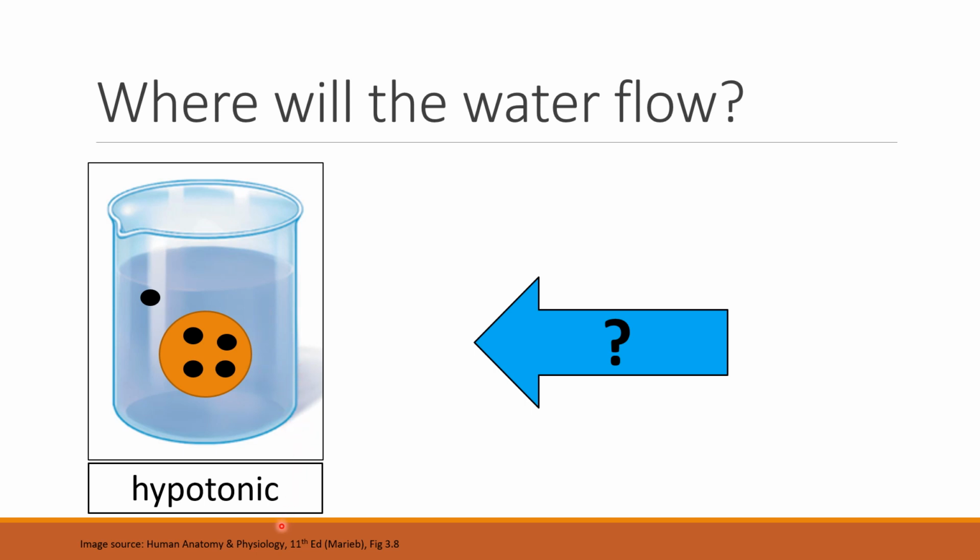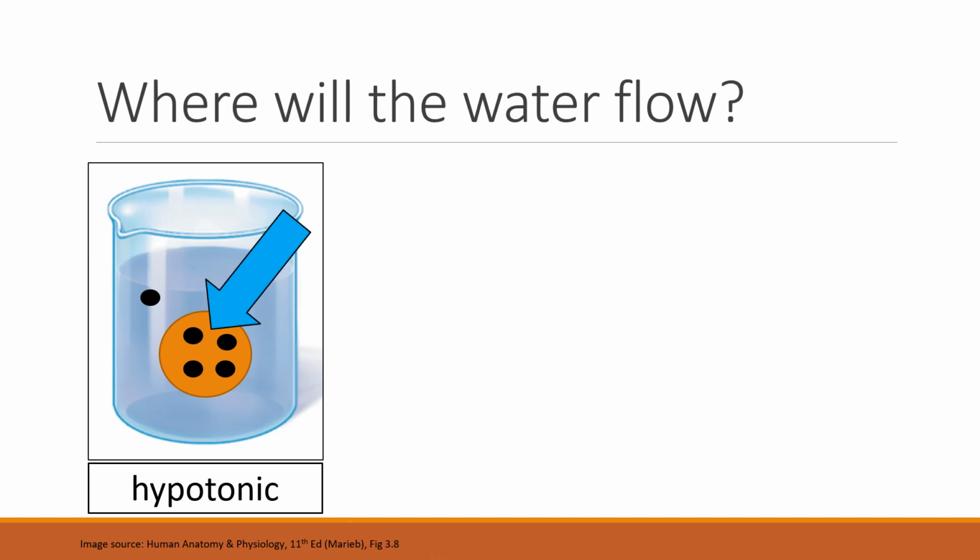So in this case, through osmosis, which way do you think the water will flow? If you said into the cell, you are correct, right? Because remember that previous example, the water wants to flow into the cell or whatever structure in order to balance out the tonicity of the two solutions.